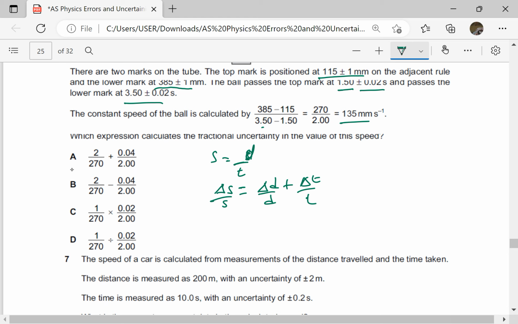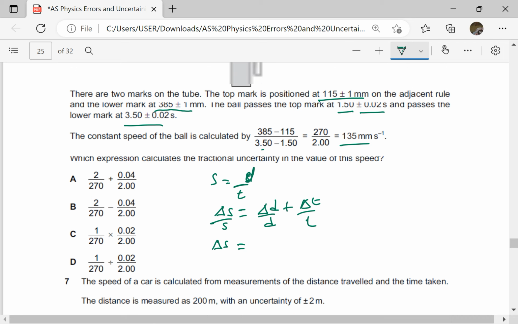So the absolute uncertainty in S is going to be, for distance, we first add 1 millimeter plus 1 millimeter, which makes it 2 millimeters.